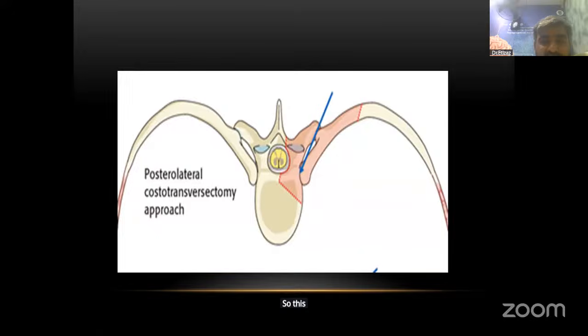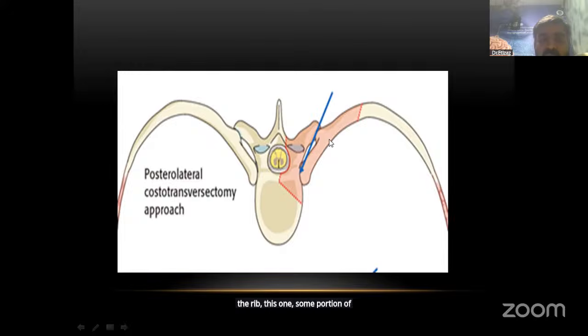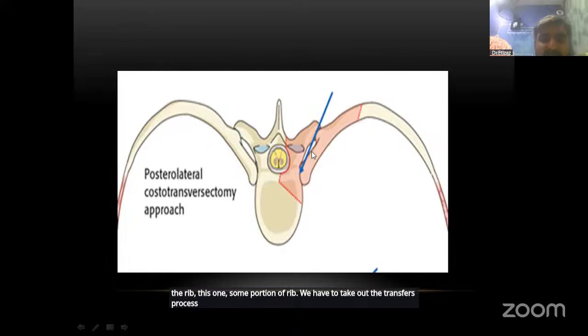This is the picture showing the targeted area. When we talk about costotransversectomy, it means we have to take out some portion of the rib, the transverse process, some portion of the pedicle, and some portion of the vertebral body. We can take this portion out, or if not, just enter through here and take out the disc, that is the lateral disc.